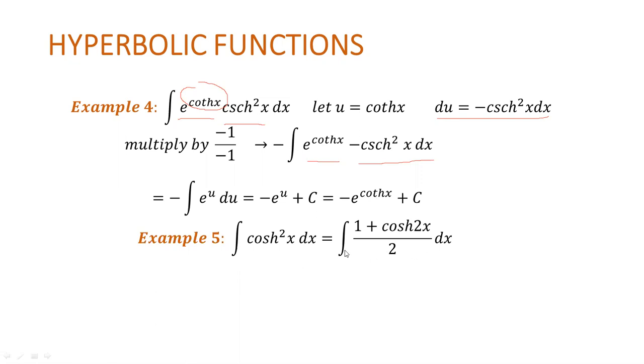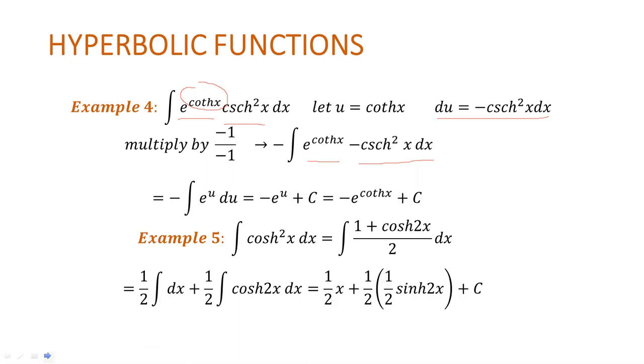Now with this, it's easy to see what the next step is. So you have to expand the given integral and evaluate each of the terms separately. So that would mean you will have 1/2 integral of dx for the first term, and another 1/2 integral of the hyperbolic cosine 2x for the second term.